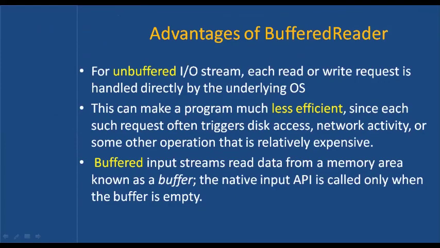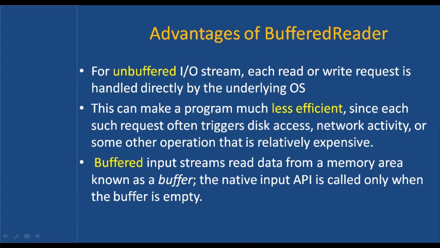The advantages of using the BufferedReader class: let's see what happens if there is no BufferedReader class. If you are not using it, each read or write request is handled directly by the underlying operating system. This can make a program much less efficient, since each such request often triggers disk access, network activity, or some other operation that is relatively expensive.